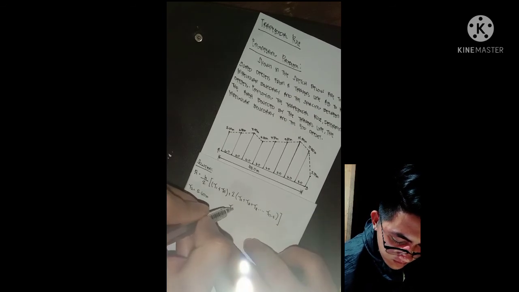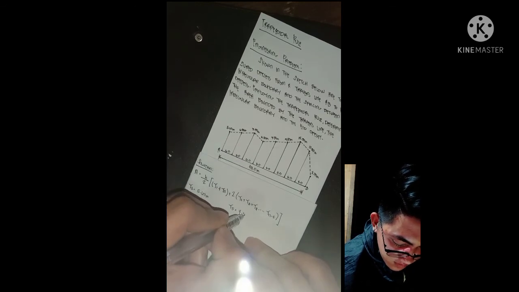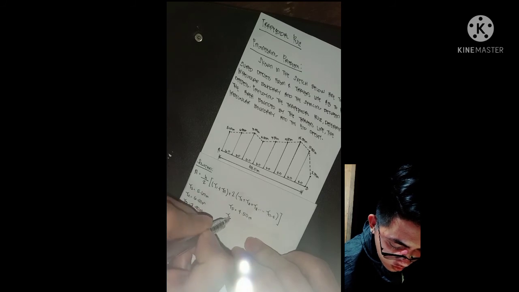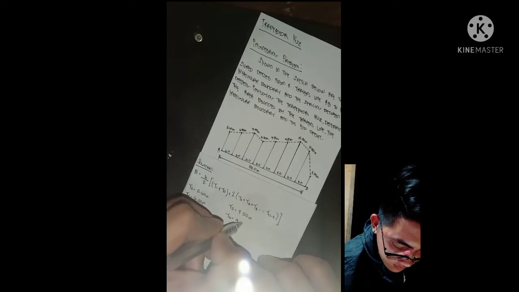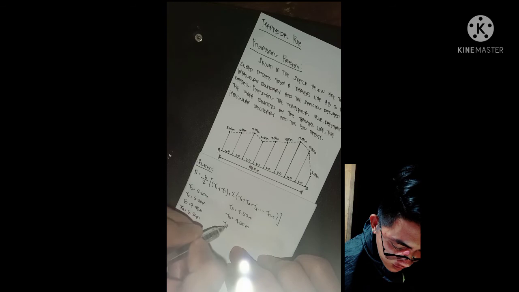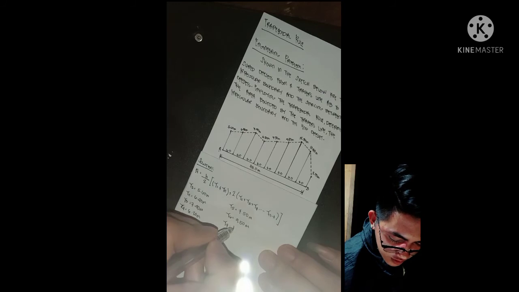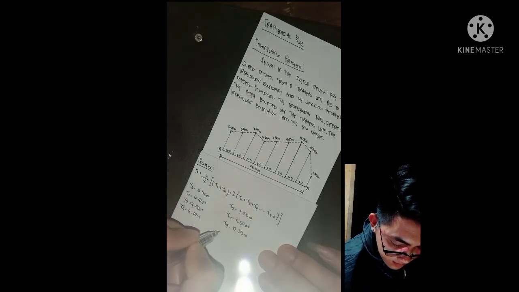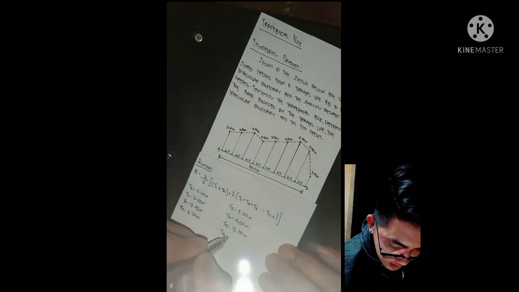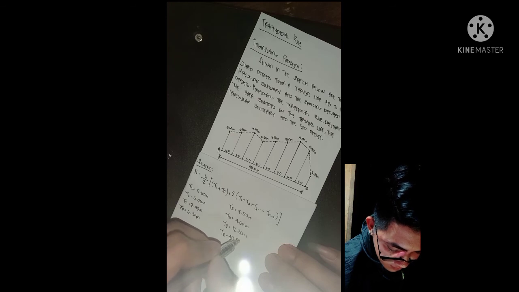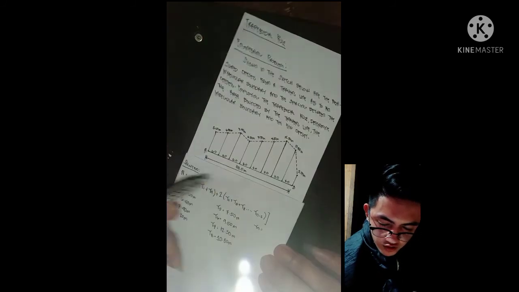Our y5, we have 7.50 meters. Our y6 is 9.50 meters. Our y7 is 12.30 meters. Our y8 is 10.80 meters. And for our y9, we have 2.70 meters.